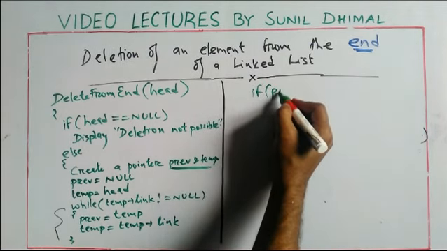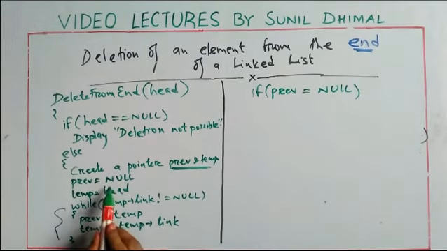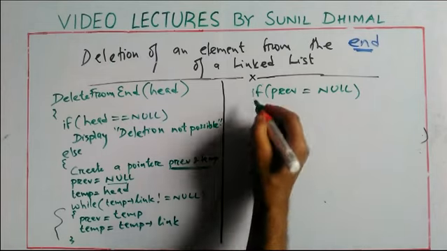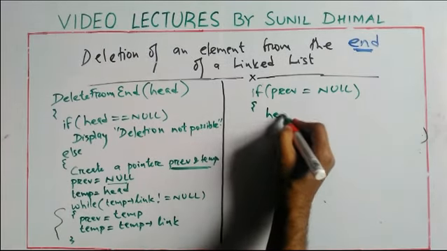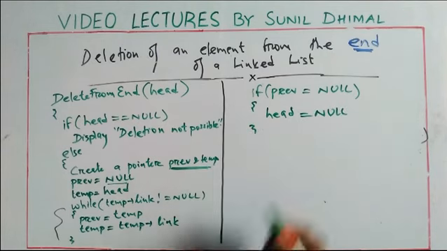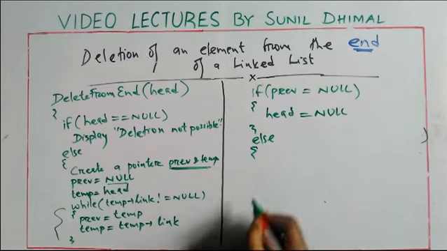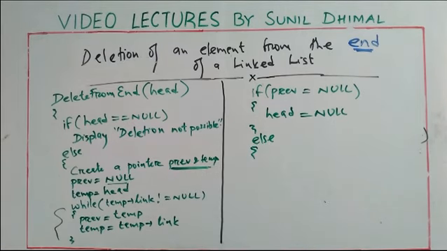If previous is equal to null, if previous, which was initialized to null, is not modified, that means there is just one element in the list, then what you do is you just simply make head equal to null, right? We have seen this scenario, right? Otherwise there are more than one elements in the list, right?